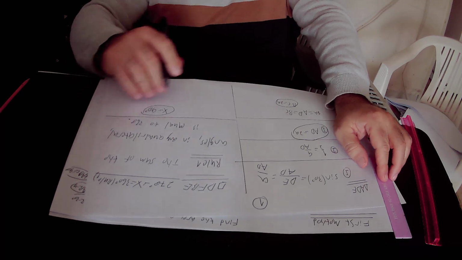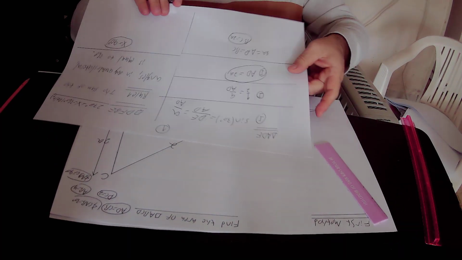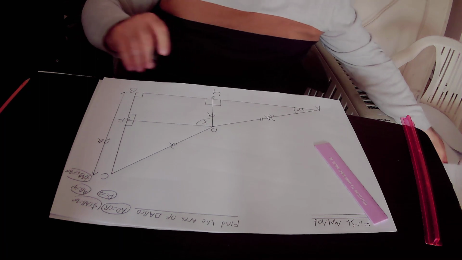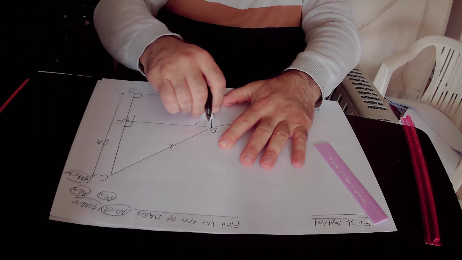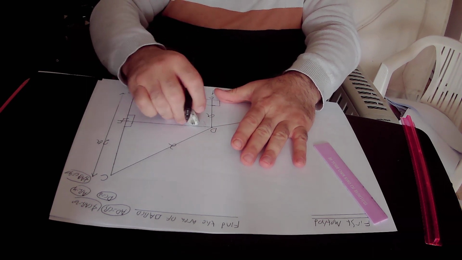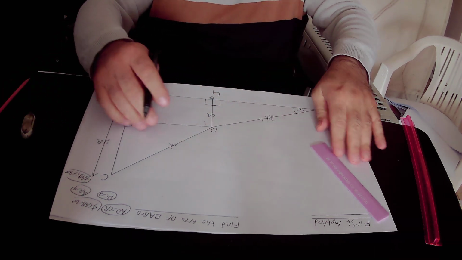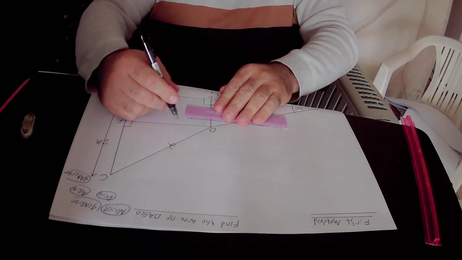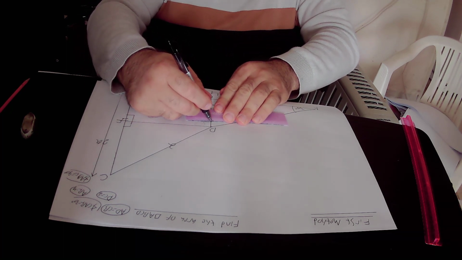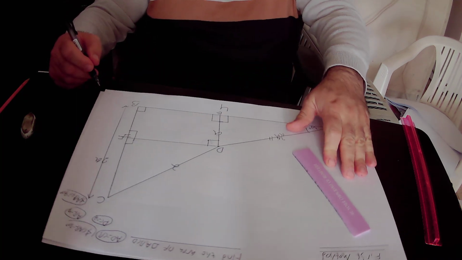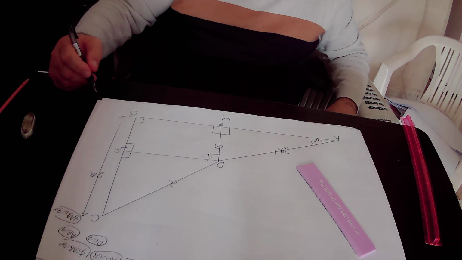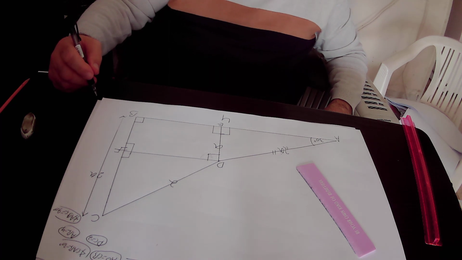Angle X equals 90 degrees, so we'll substitute angle X by a right angle. You can see from the drawing that all the angles of quadrilateral DEFB are right angles, they are equal to 90 degrees.